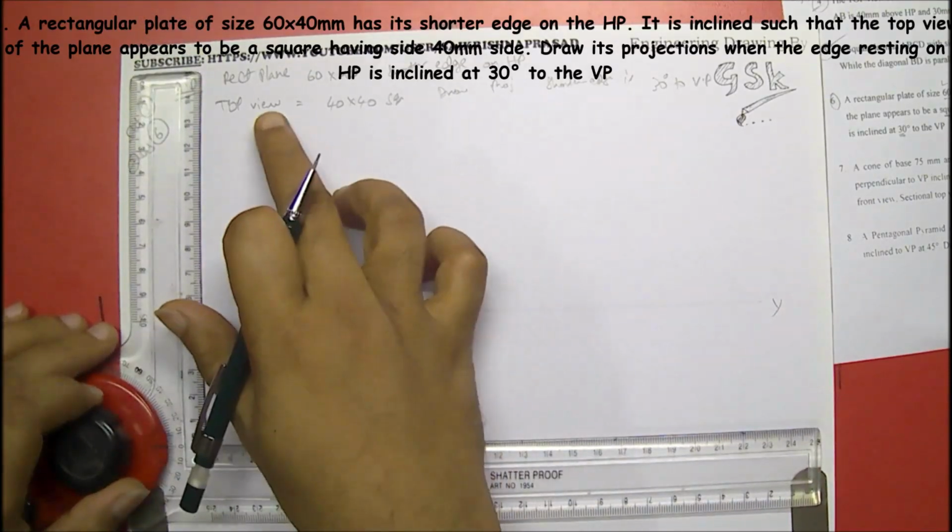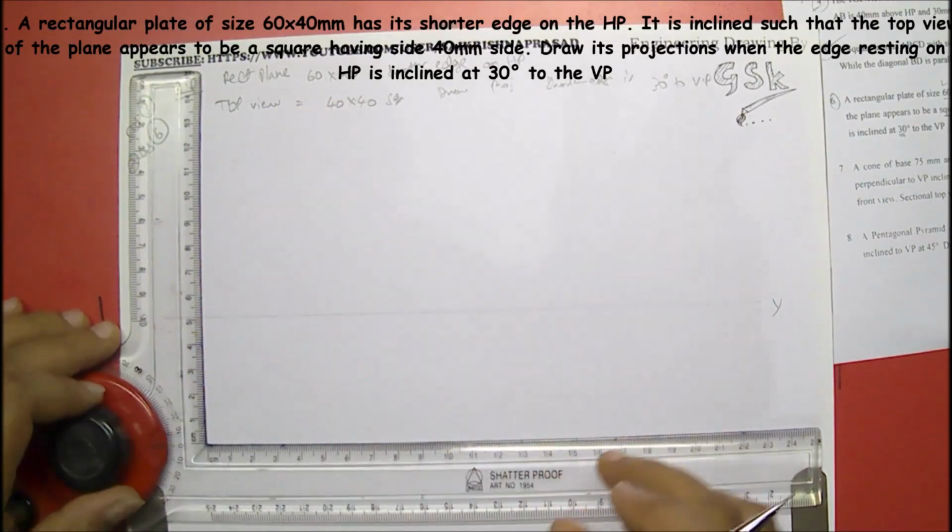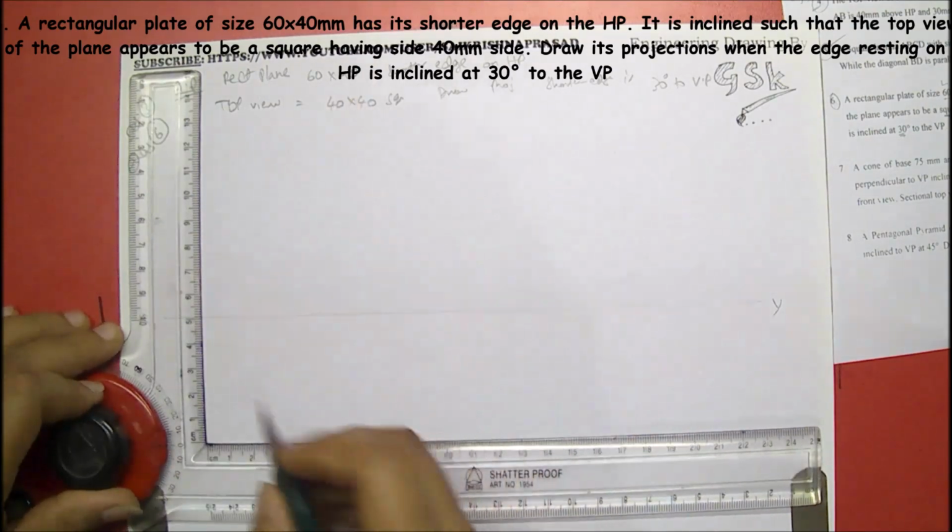So the top view of this rectangular plane is a 40 by 40 square.